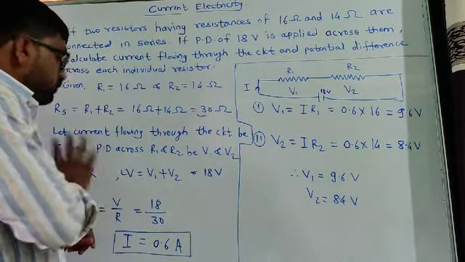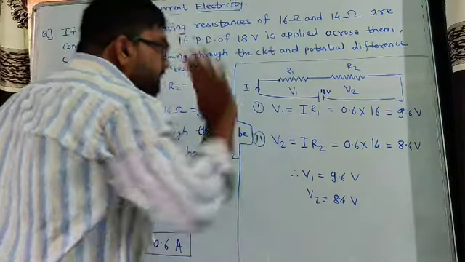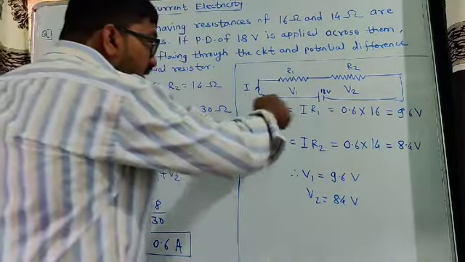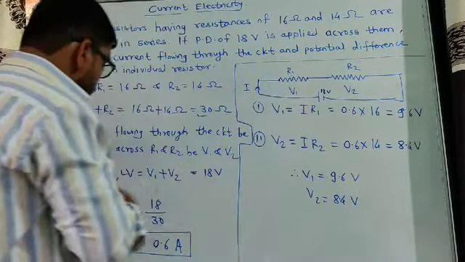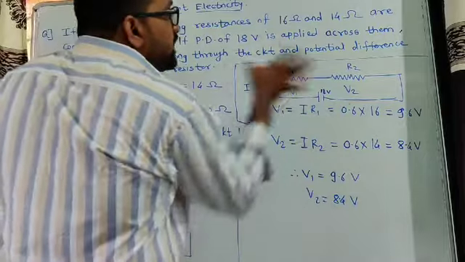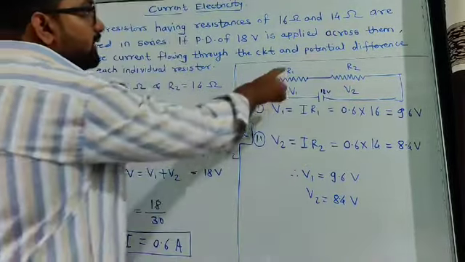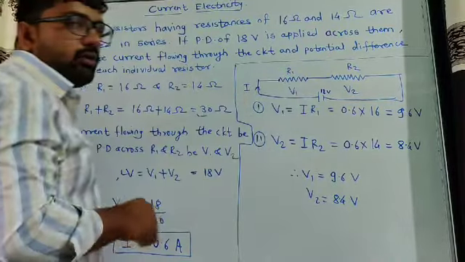We know according to Ohm's law, V is equal to IR. So V1 will be equal to, now the current is the same, I, that is 0.6 ampere. What has changed is the value of resistances, here 16 ohm and here 14 ohm.